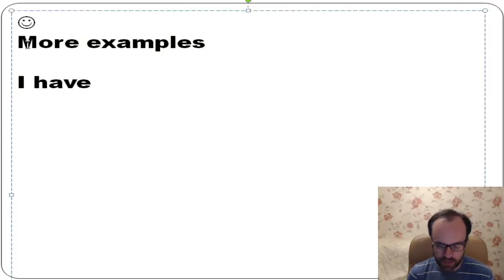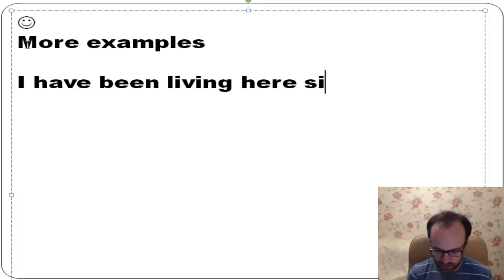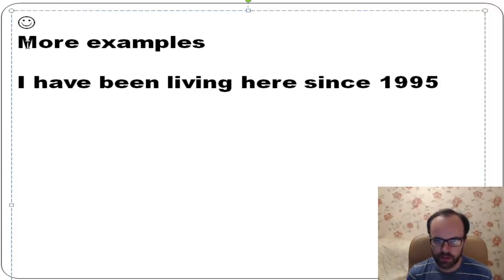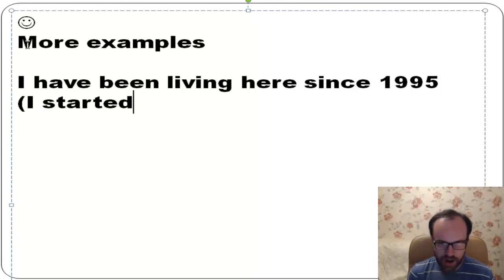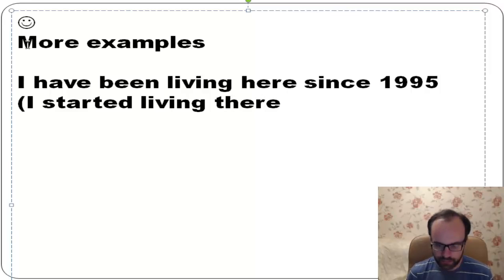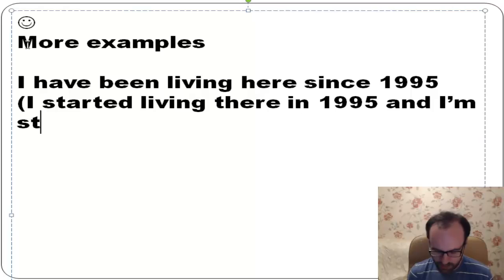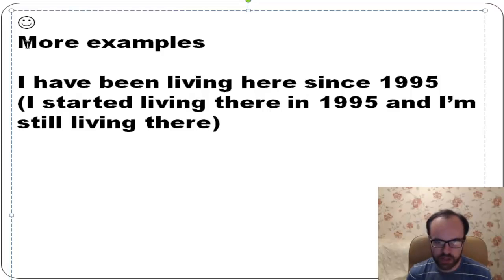So more examples. I have been living here since 1995. It means I started living there in 1995, and I'm still living there.